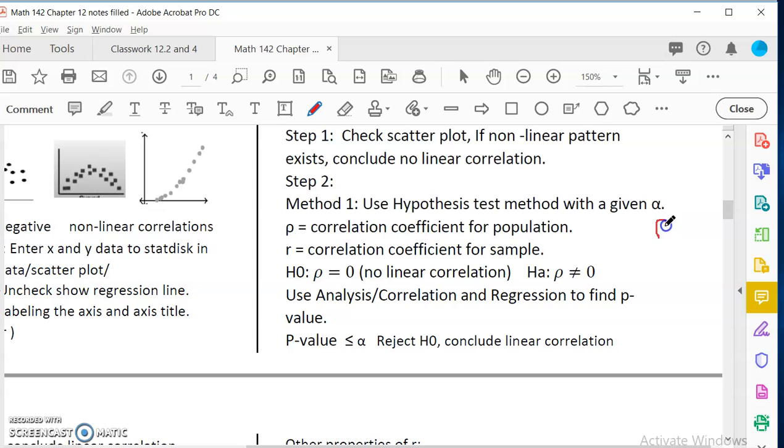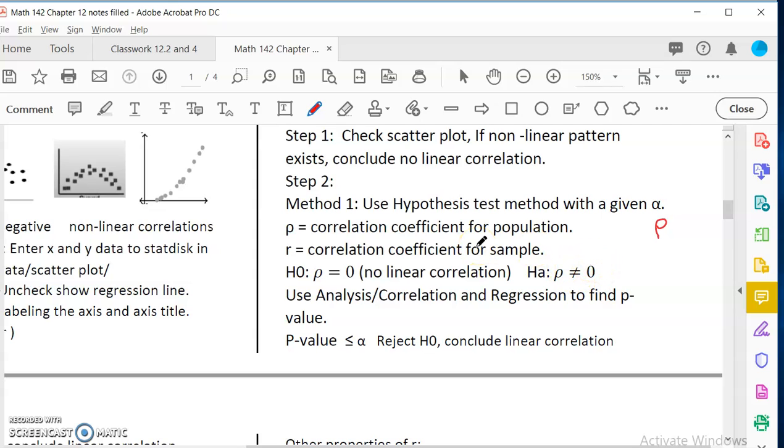This is a Greek letter, almost like P, but it's actually rho. It is the correlation coefficient if you have all the population data. The hypothesis test is rho equal to 0, and when it is equal to 0, that is the same as R equal to 0, no linear correlation. The alternative is not equal to 0, so either positive or negative.